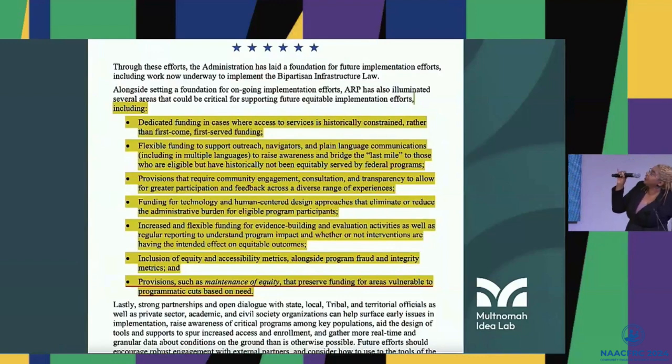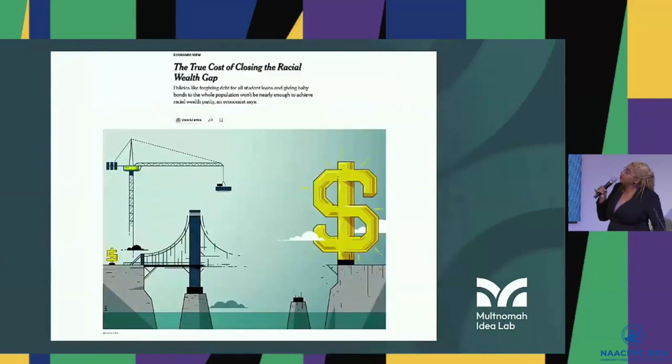So we did dedicate money to a historically constrained group. It was flexible. We had support outreach navigators, which would be someone like me. We had community engagement. There was the first $500, which was for technology. It was flexible funding. It included metrics. The only thing we don't have is maintenance of equity because we're not continuing.